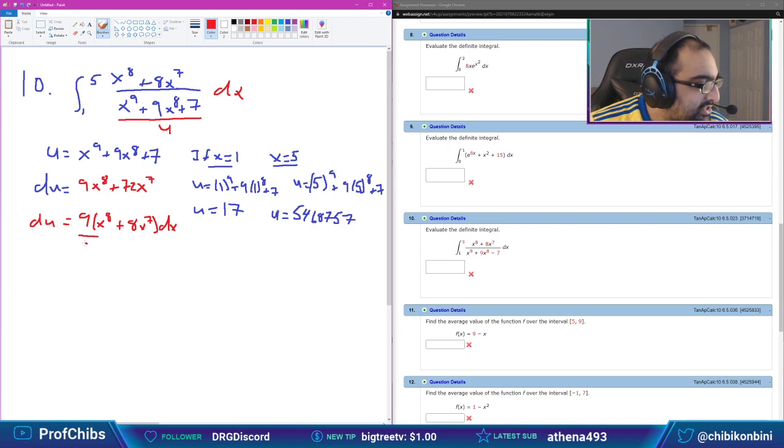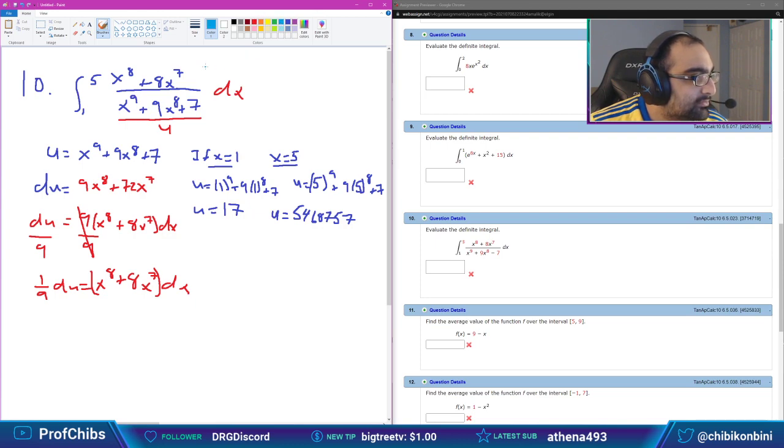So we divide by 9 on both sides and substitute: 1/9 du equals x to the 8th plus 8x to the 7th dx.